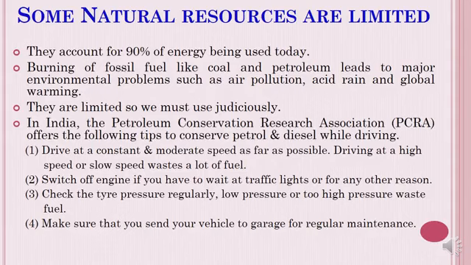Burning of fossil fuels like coal and petroleum leads to major environmental problems such as air pollution, acid rain, and global warming. They are in limited quantity, so we should use them judiciously.